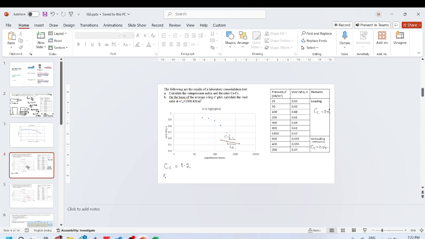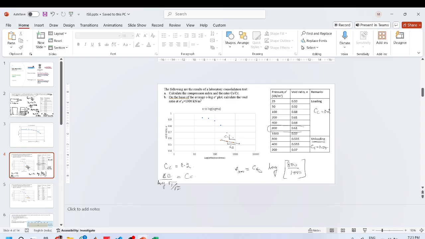So you have delta e over sigma 1 to sigma 2 is your Cc. And then let's take e from here. So sigma 1 will be 800, sigma 2 will be 1000. So e at 1000 will be equal to Cc times log of 1000 over 800.